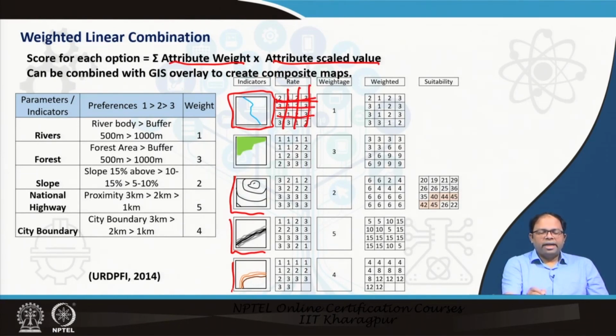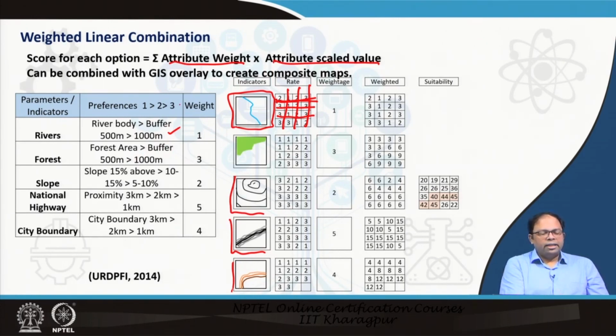We first give a rating based on the first criteria, which is river, and we give a score of 1 when that particular cell has got a river body. If it is within 500 meters from the river, then we give a score of 2. If it is 1000 meters from the river, we give it a score of 3. And for forest, we similarly give a score of 1 if it is within forest area, then 2 for 500 meters from the forest area, and 3 for 1,000 meters away.